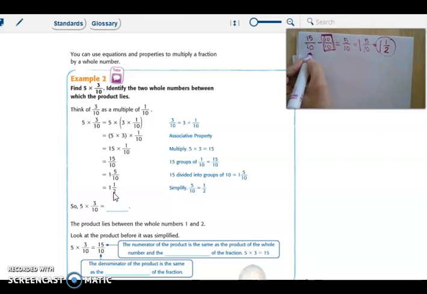The other way to do it would be to divide, and we'd do box top. The top number goes in the box, 10 goes outside. 10, 20, 20 is too big, so 10 will only go into 15 one time. Subtract 10, 1 and 5 tenths.